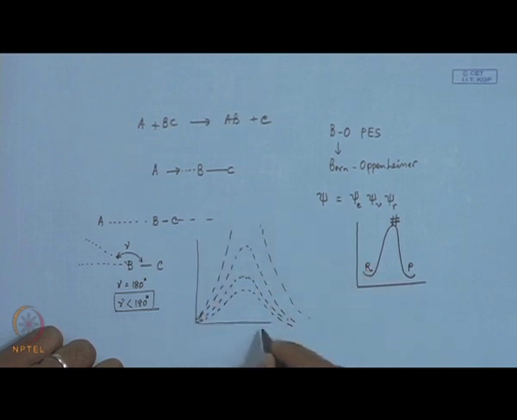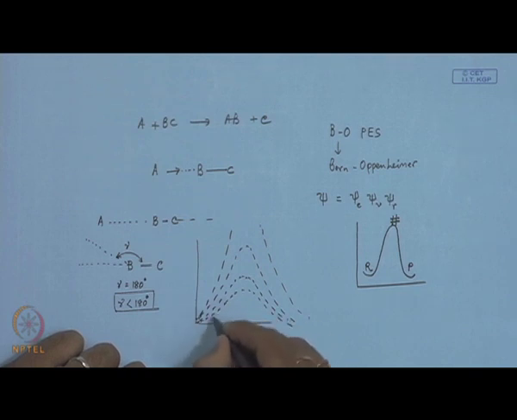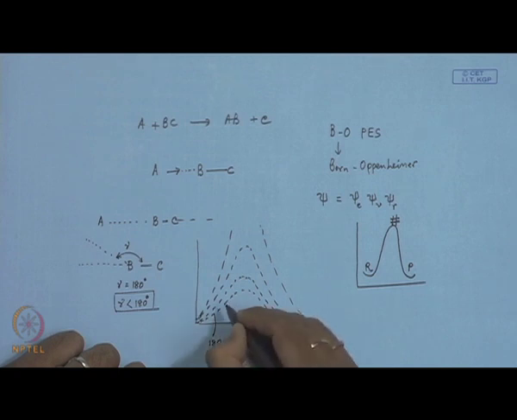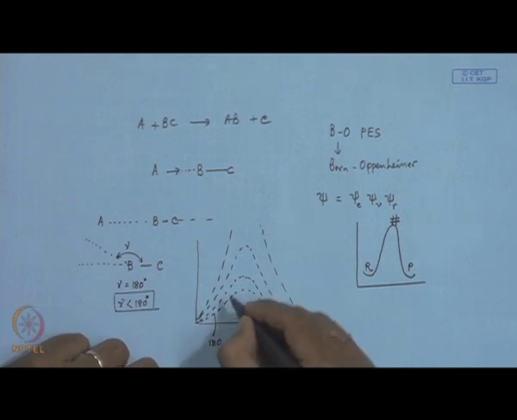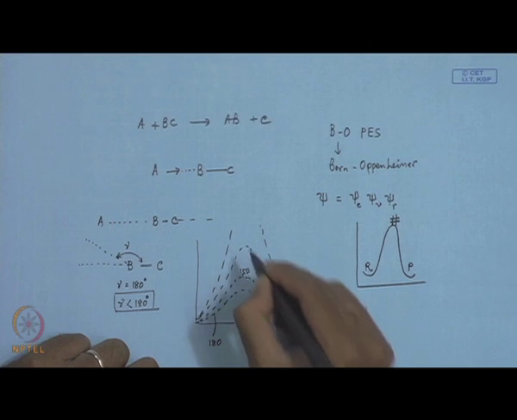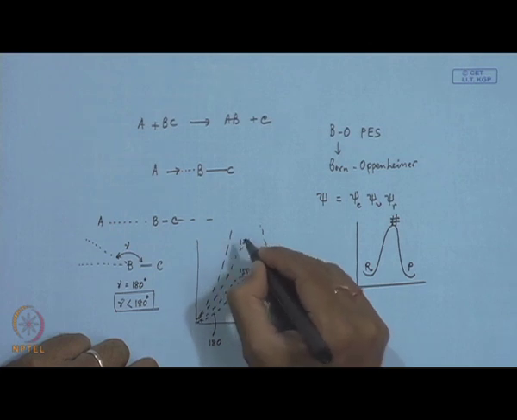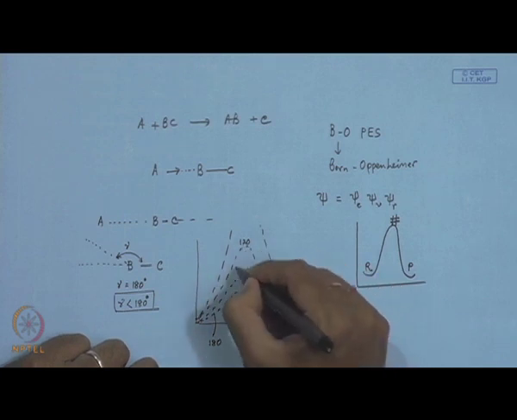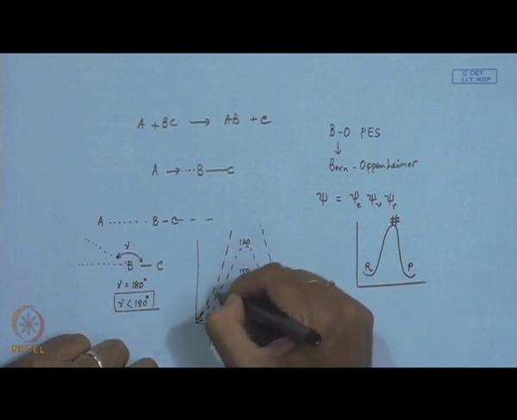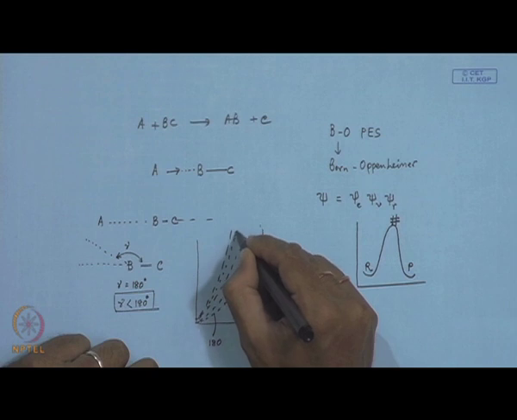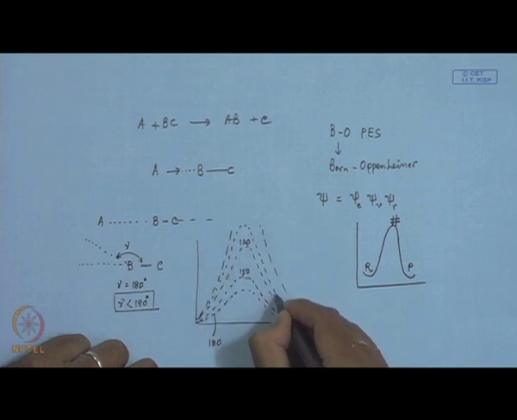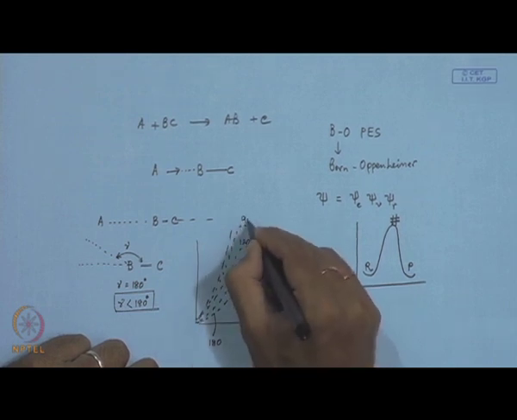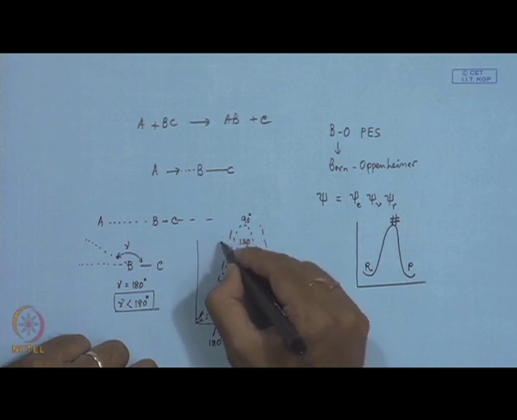very high barrier. Okay. So, maybe the lower one is 180, then maybe 150, then 120, then maybe another 90 degree, which may be even more, and the other one is maybe 60 degree.